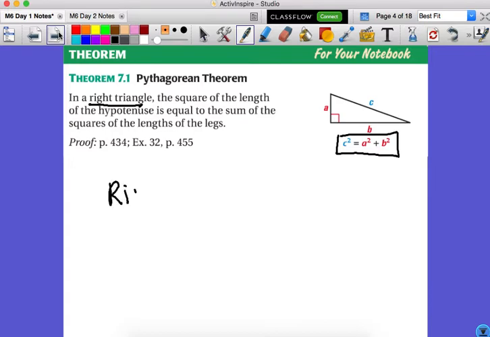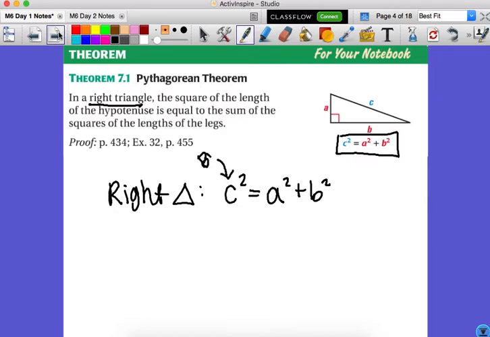But in terms of your notes, I might jot down that a right triangle will always have c squared equal to a squared plus b squared. In the context of this question, remember that c represents your hypotenuse. And c will always be your biggest number because your hypotenuse will always be your longest side.